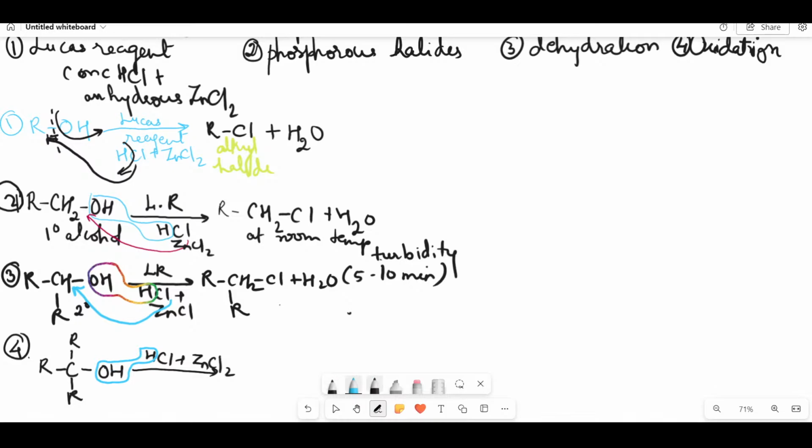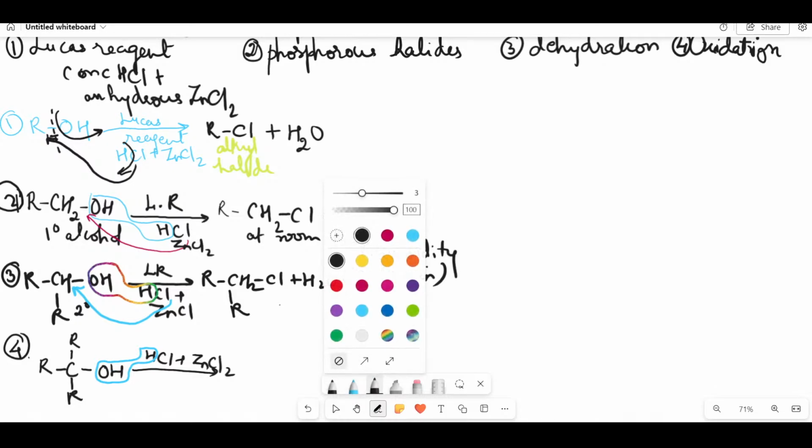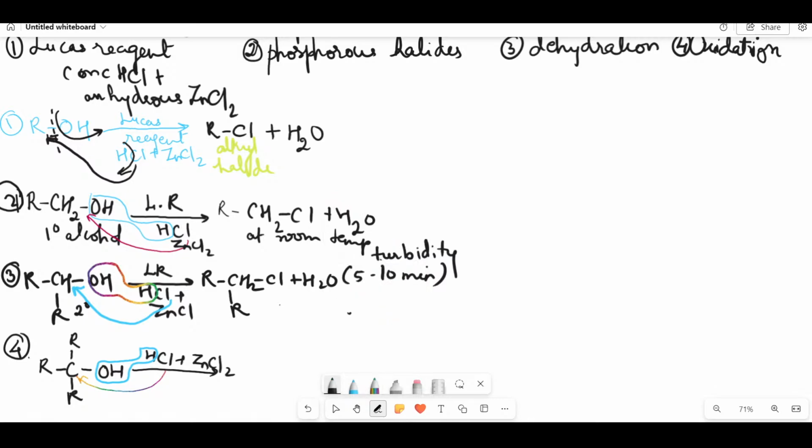The chlorine will get linked to this carbon. So what we get is RCl plus H2O.